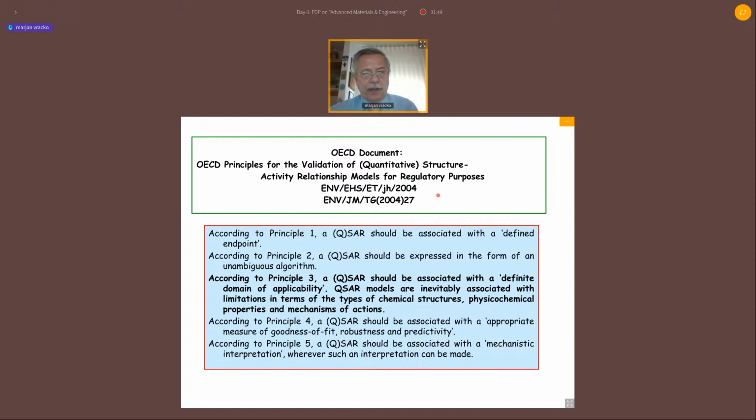And you can find this on this web page, and there are some principles and some very useful information and instruction which can be used also for development of QSAR models.